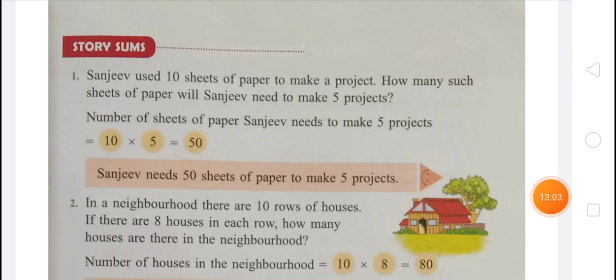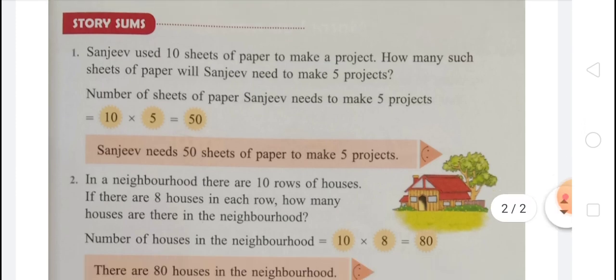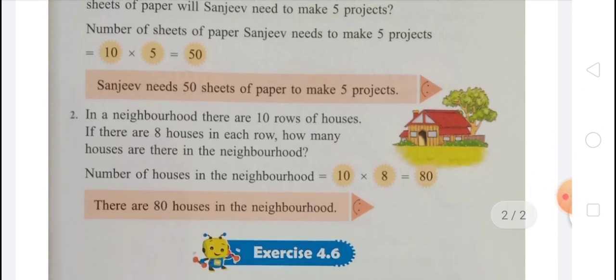Next, second: in a neighborhood there are 10 rows of houses. If there are 8 houses in each row, how many houses are there in the neighborhood?